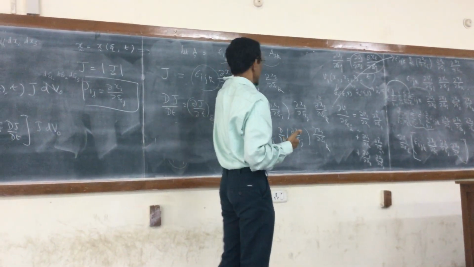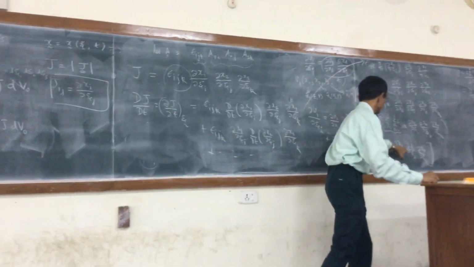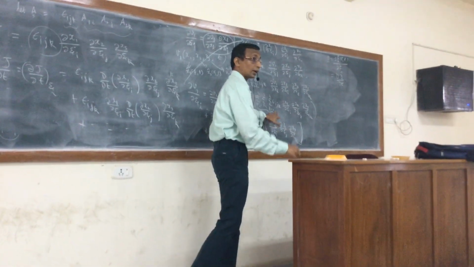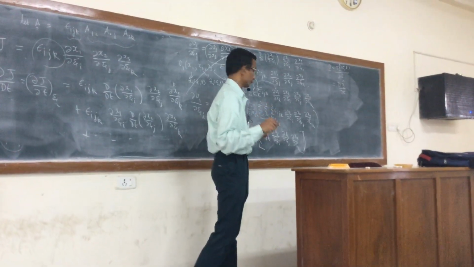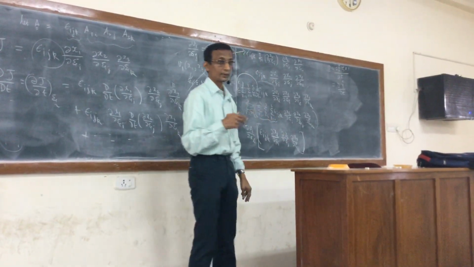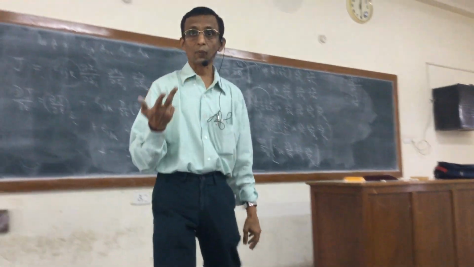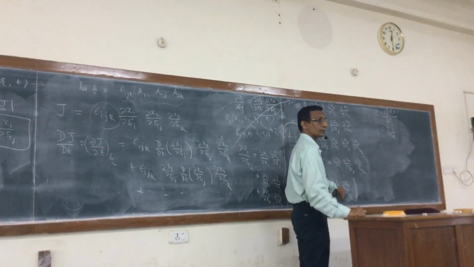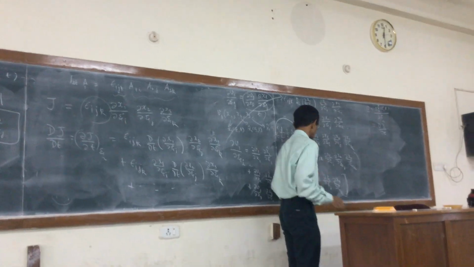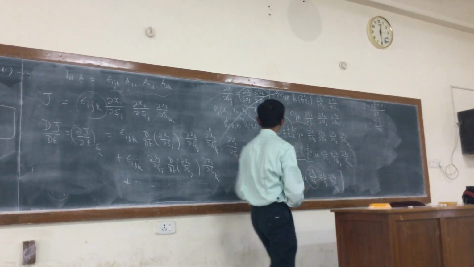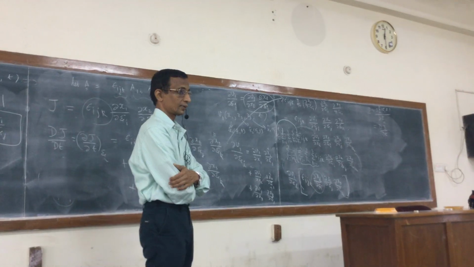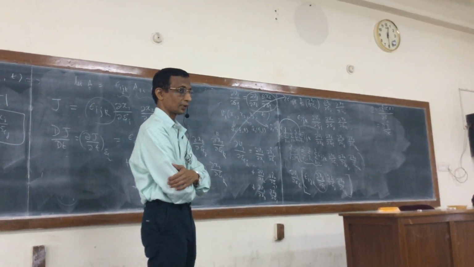Epsilon ijk a1i is replaced by... L can be anything, 1, 2 or 3, right? So we have to look at that. L can be 1, 2 or 3. Then dx2. So this is the only problem term. If I compare directly with this, that's the only problem term.